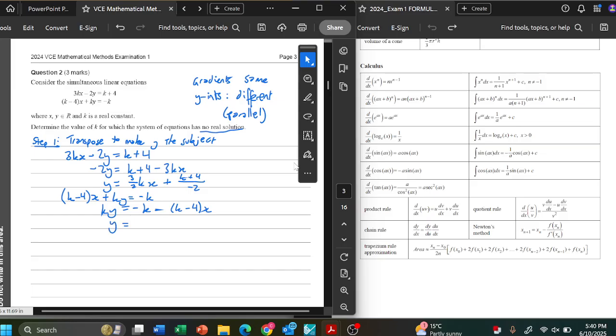So this is going to come out as, if I rearrange this slightly, negative k minus 4 over k x, minus k divided by k, which is just 1. So negative 1 over there. All right, so let me just double check that I'm on the right track so far. Yep, so that's looking good so far.